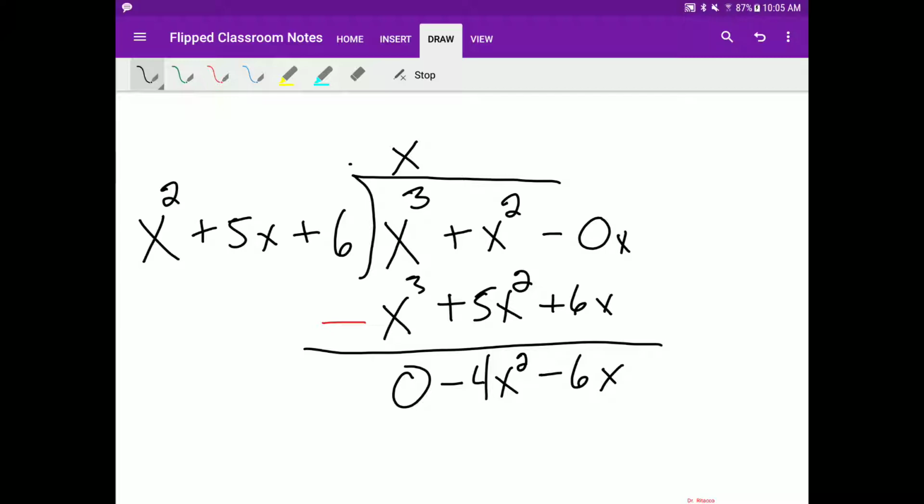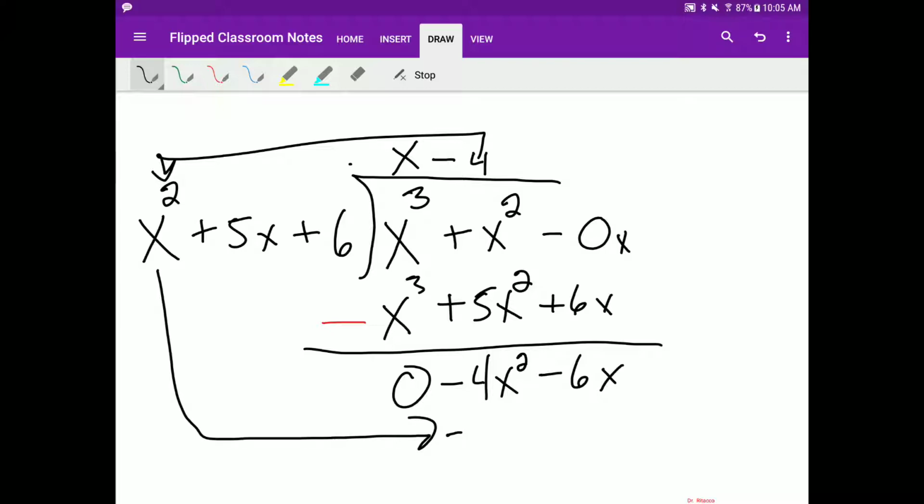We're going to ask what number do we multiply x squared by to get minus 4x squared? Well, that's just negative 4. So I take negative 4, multiply it by x squared, I get minus 4x squared.